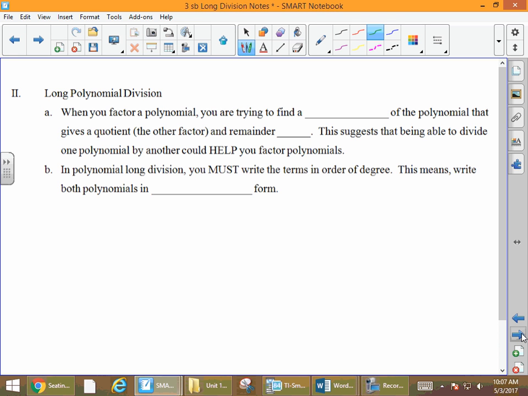But what we're dealing with here, when we factor a polynomial, we're trying to find factors of the polynomial that give the quotient, the other factor, and a remainder, which your elementary teacher sometimes called R. But this suggests that being able to divide one polynomial by another polynomial can help you factor polynomials, which is where we're kind of going with this.